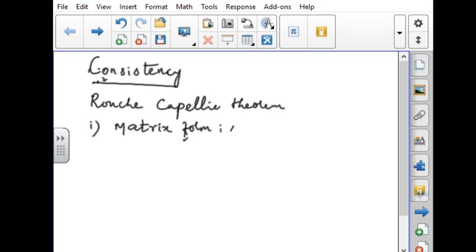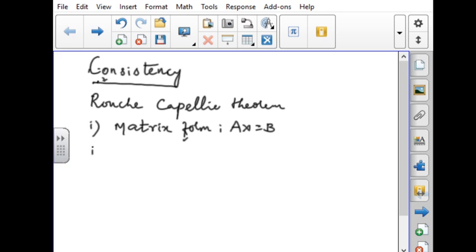What is matrix form? It is nothing but AX = B, where A is the coefficient matrix, X is the matrix of unknowns, that is the variables x, y, z, etc., and B is the constant term. So we are going to check the consistency for non-homogeneous equations. Non-homogeneous equations must contain a constant, and the equation must not be equal to 0.